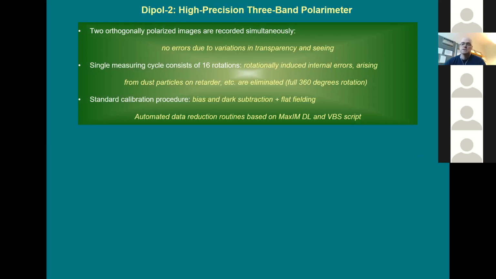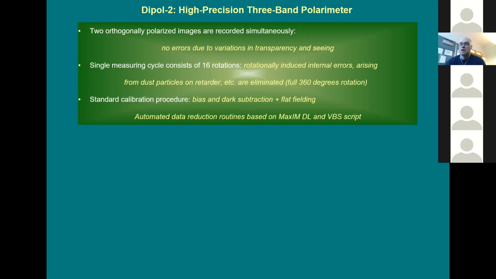So these are the most important features of our polarimeter I want to point out. First of all, as with any double image CCD polarimeter, 2 orthogonally polarized images are recorded simultaneously with the surrounding sky, so there are no errors due to variations in transparency.